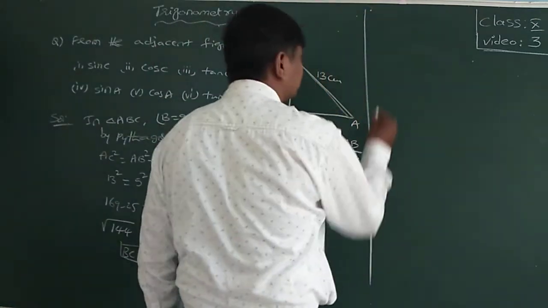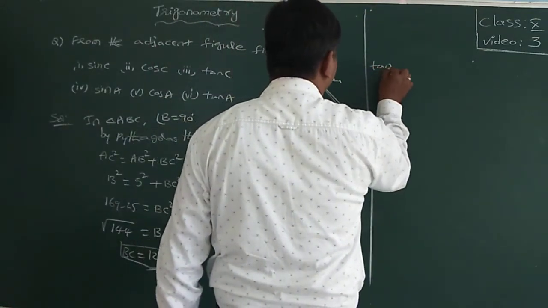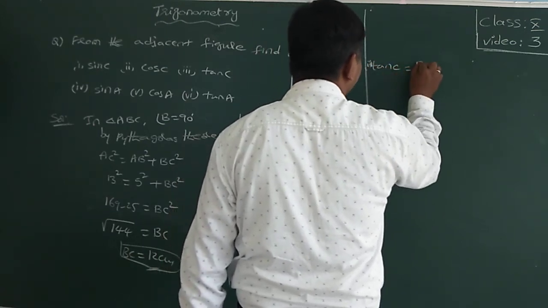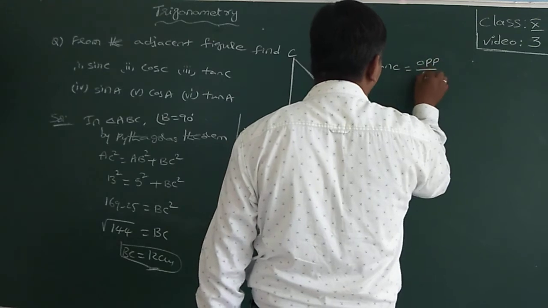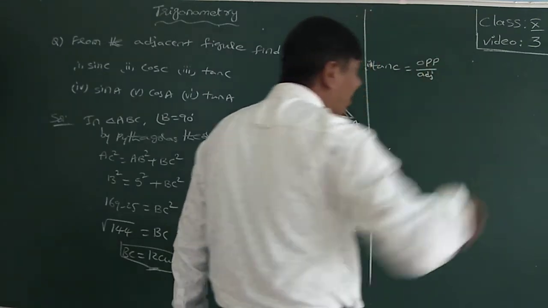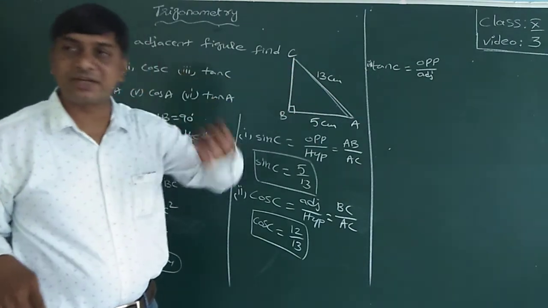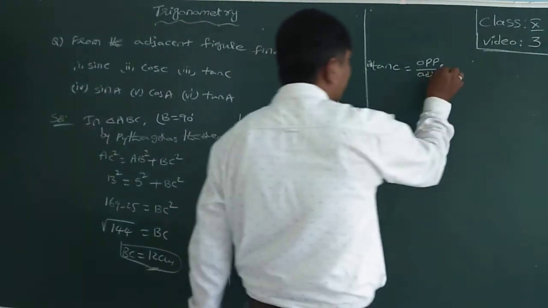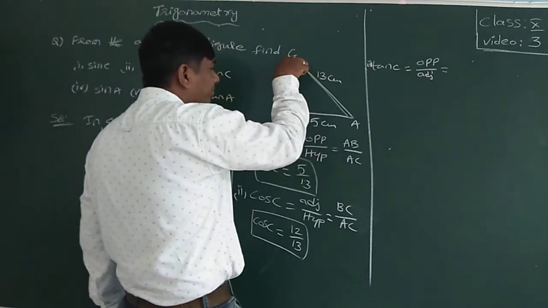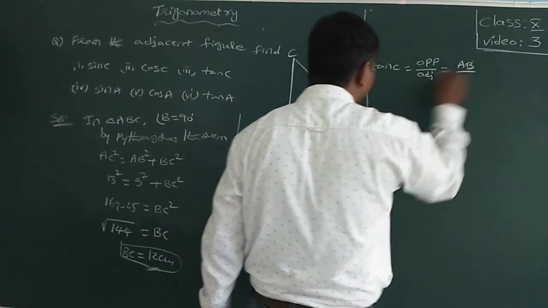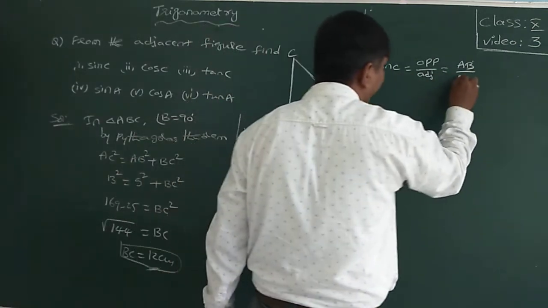Next, the third one is tan C. Tan C is opposite side to the adjacent side. The opposite side to angle C is AB, and the adjacent side to angle C is BC.